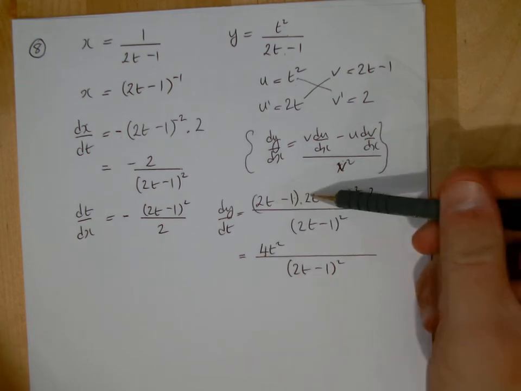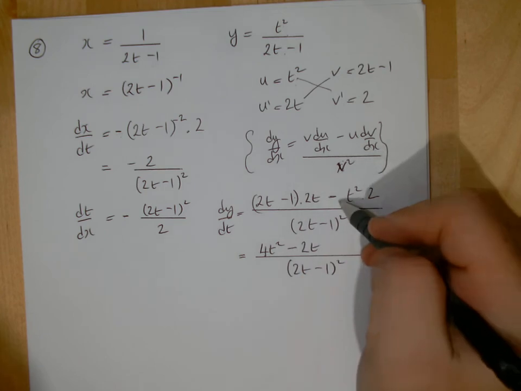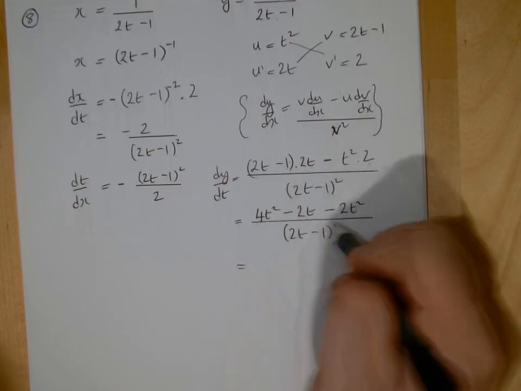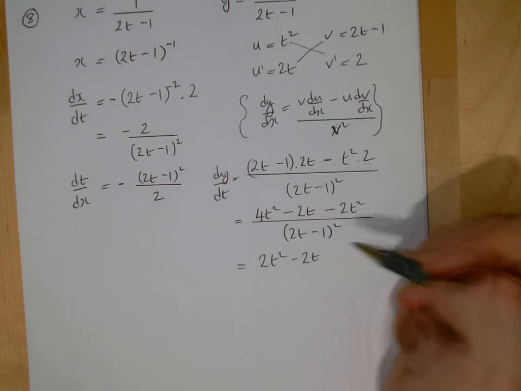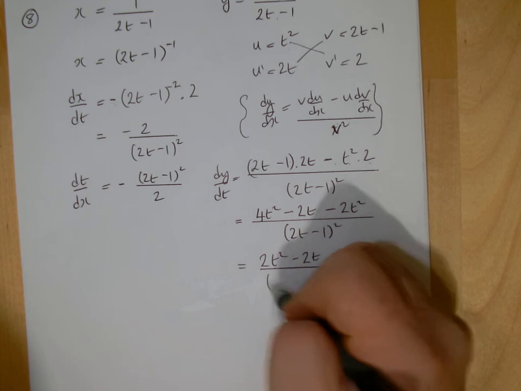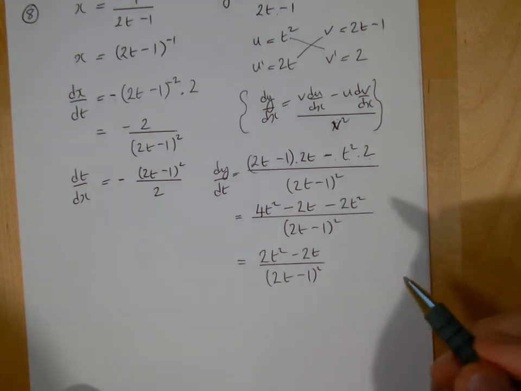And then minus 1 times 2t is minus 2t. And then minus t squared times 2 is minus 2t squared. So you're left with 2t squared minus 2t on top. And keep the bracket as it is there. Okay, keep the bracket as it is.